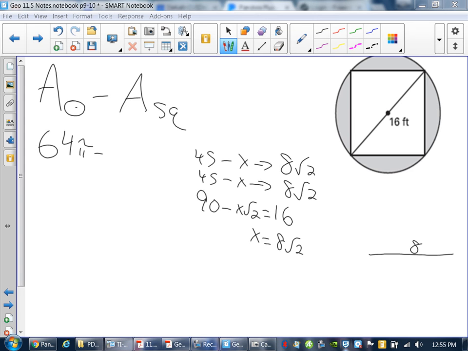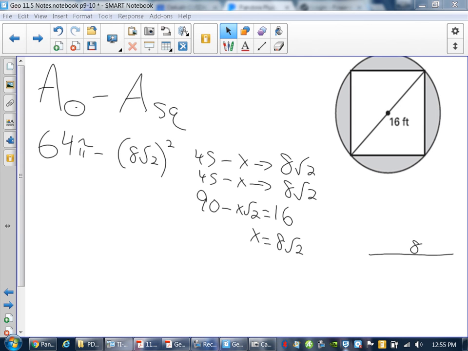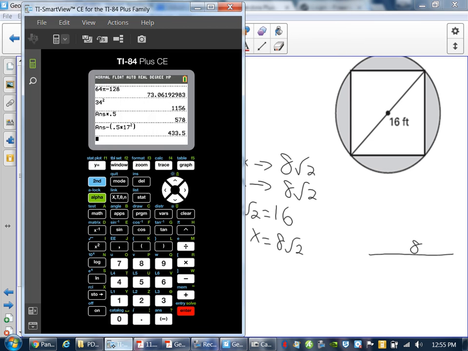So when you work with this, you have to put the 8 root 2 in parentheses in order to square it. If you don't, it'll be wrong. Let me show you what happens.